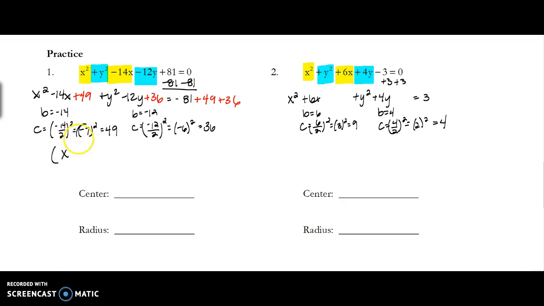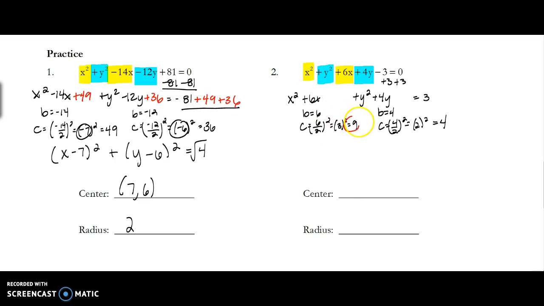So we would have x minus 7 squared plus y minus 6 squared equals all of this added together, which gives us 4, because it's -81. So our center would be +7, +6, and we square root that answer, and so our radius is 2.